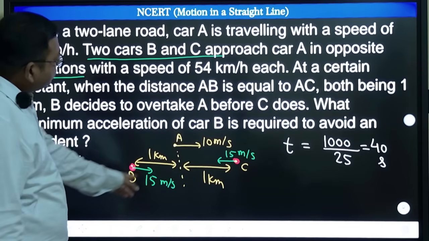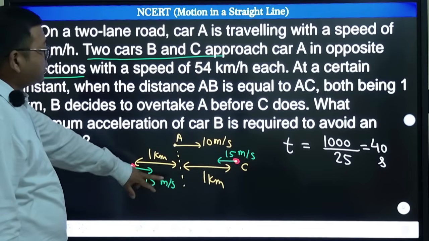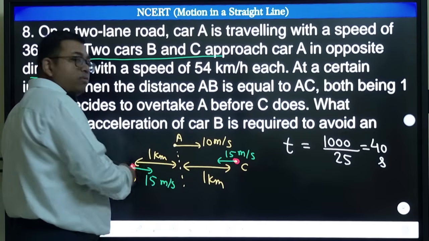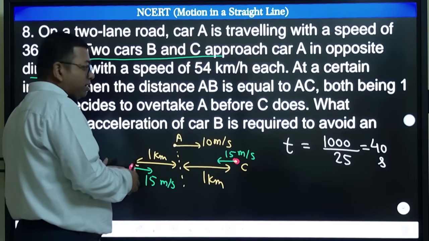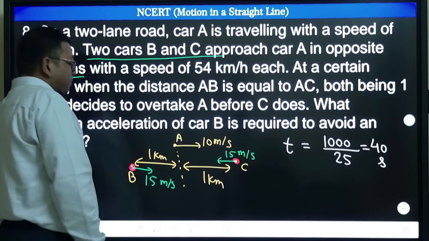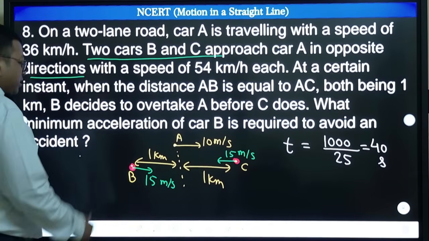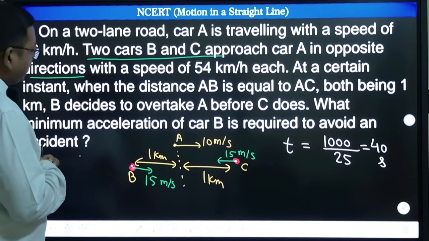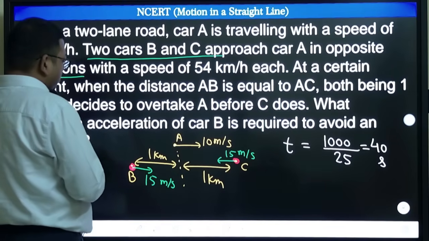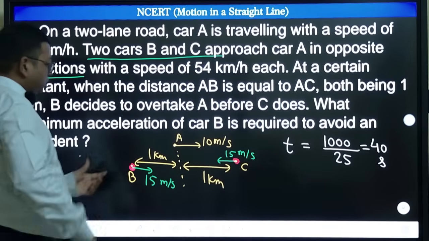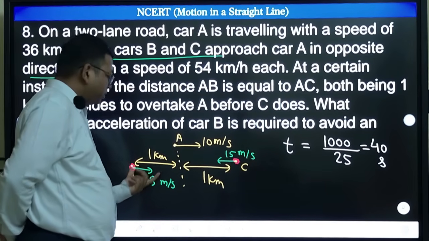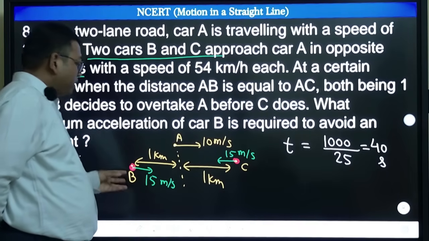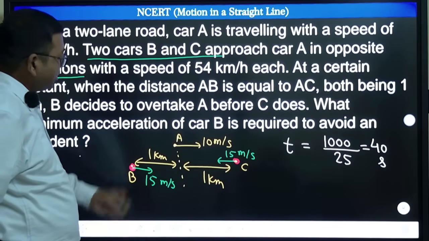So B has to reach before itself, right? So the time B should take should be less than 40 seconds, not exactly 40, less than 40. So it has to accelerate, so first try to think about it, how much time it will take. Okay, how much time it goes with some acceleration, and it has to cover this distance. So we can use the formula S is ut plus half at square.